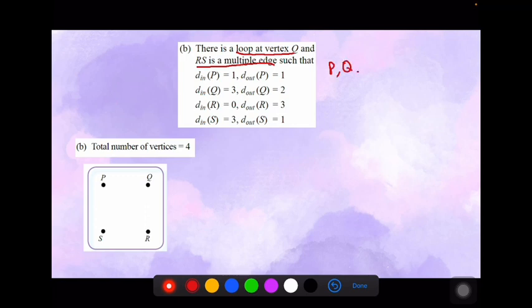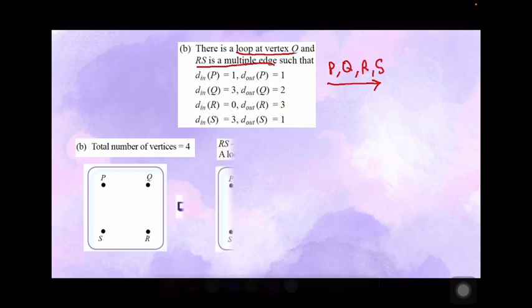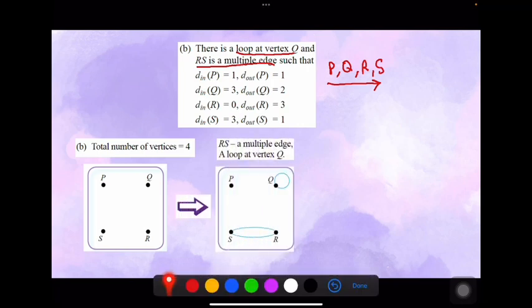We have vertex P, Q, R, and S. You can mark all the vertices at any position you like, but make sure they are in ascending order, either clockwise or anti-clockwise.